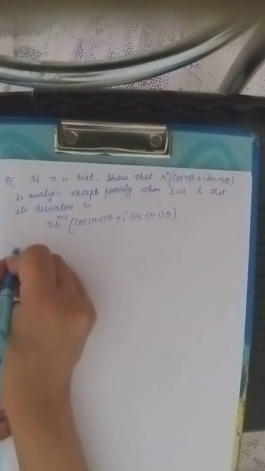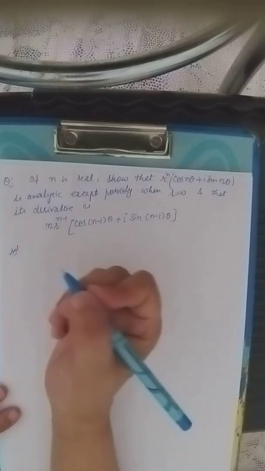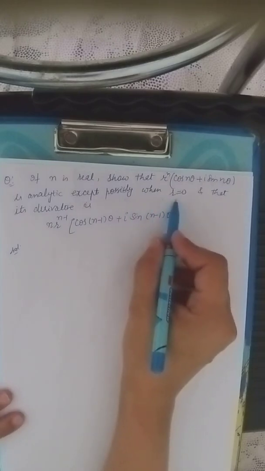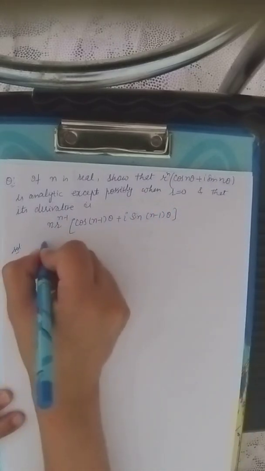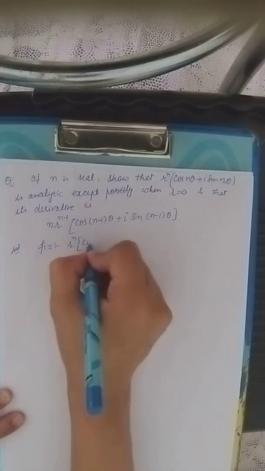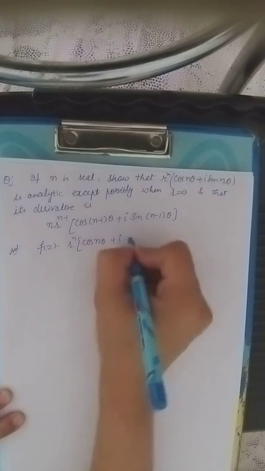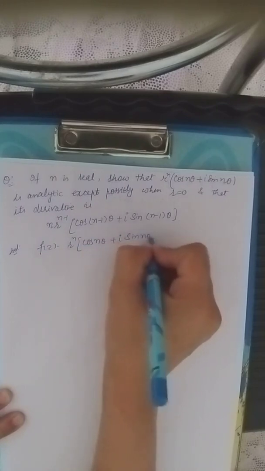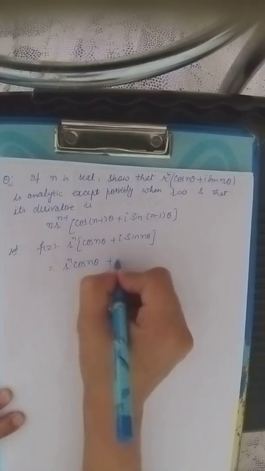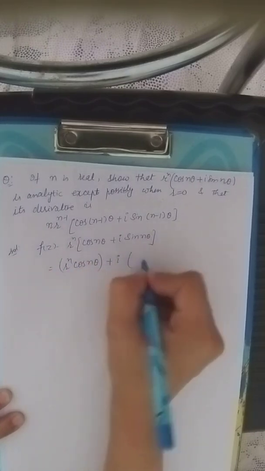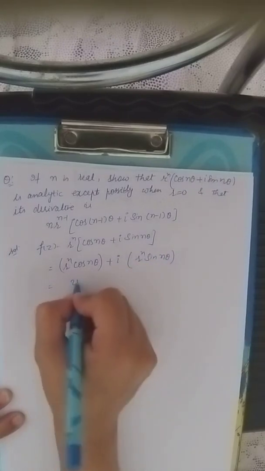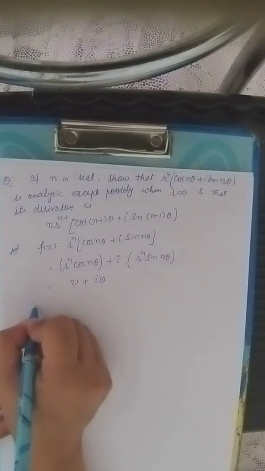Now solution. Here I will first of all show that the function is analytic except at r equal to 0. Now here f(z) is r^n (cos nθ + i sin nθ), equal to r^n cos nθ + i r^n sin nθ, that is u + iv.